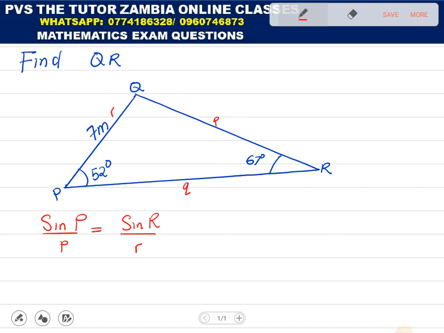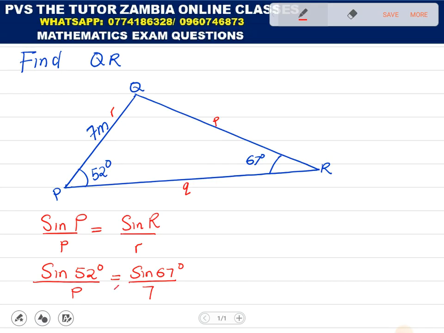The only thing remaining here is for us to plug in what is there. We have sine P is sine 52 degrees. Don't just write sine 52, put a degree sign there. Then we have side p, which we are looking for, is equal to sine 67 degrees divided by 7.